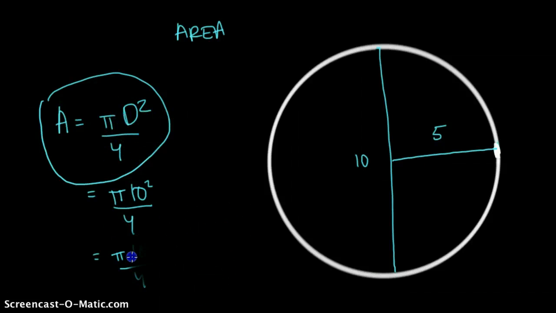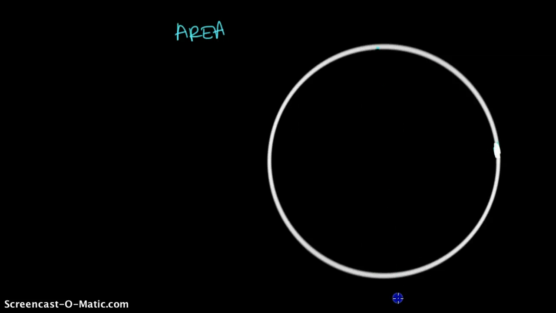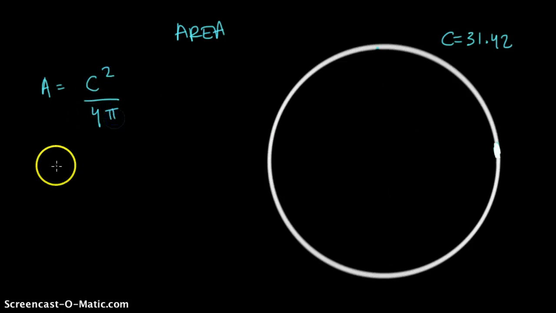Again, I'm going to erase this bit. And let's say you didn't know radius or diameter. Well, let's say you knew the circumference was 31.42. To solve the area when you know the circumference, circumference squared over 4 times pi.